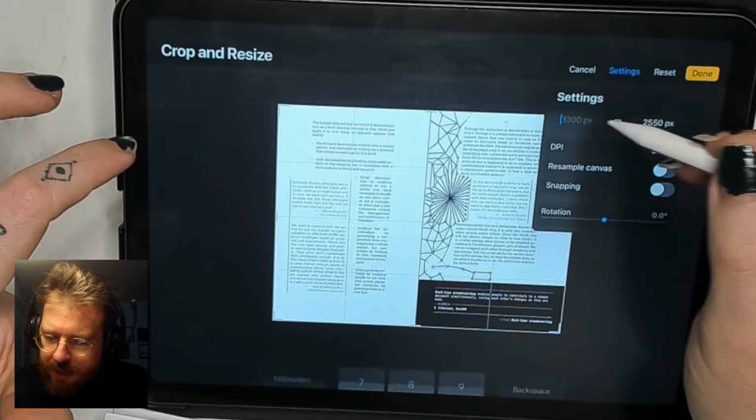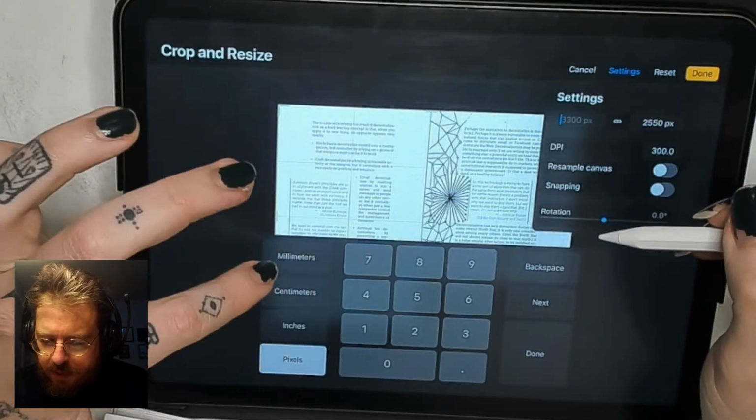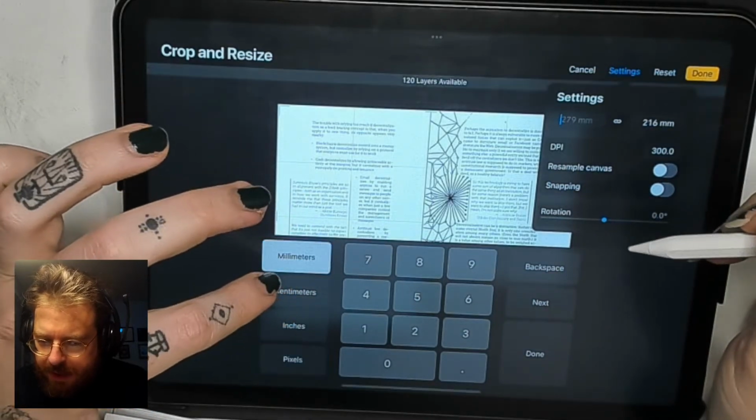So I can make pixel. It's 2 millimeters. Where are we at?